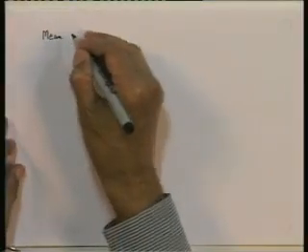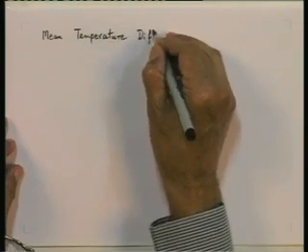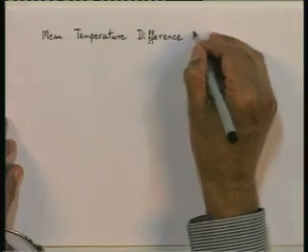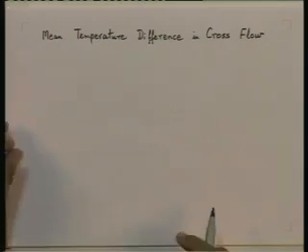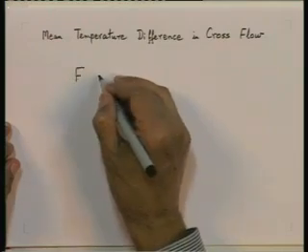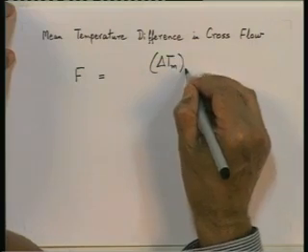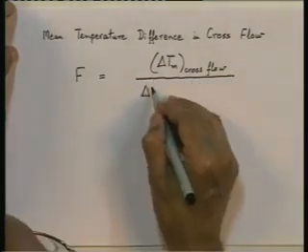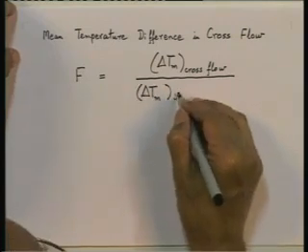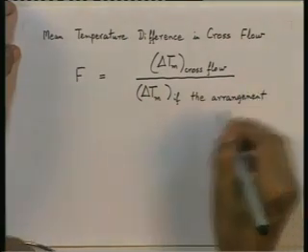So, let us take off from that again. We were getting results for the mean temperature difference in cross flow, and towards the end we said we are going to express the results in the form of correction factor F, and F is equal to the delta Tm which we are looking for, the delta Tm in cross flow, divided by the delta Tm if the arrangement had been counter flow.